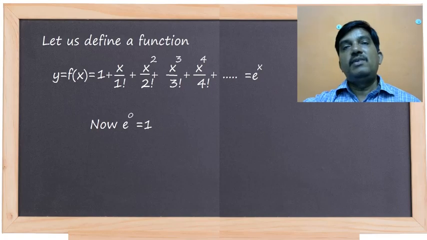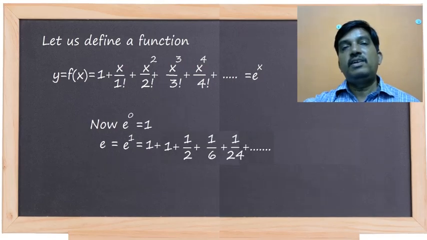Now, let us find the value of e. And what is e? E is equal to, according to the definition, e power 1. E means e power 1. If we apply this series, we will have e raised to 1 is equal to 1 plus 1 by 1 factorial plus 1 by 2 factorial plus 1 by 3 factorial and so on. And 1 factorial, you know, is equal to 1, so it is 1 plus 1 plus 1 by 2 plus 1 by 6 plus so on.